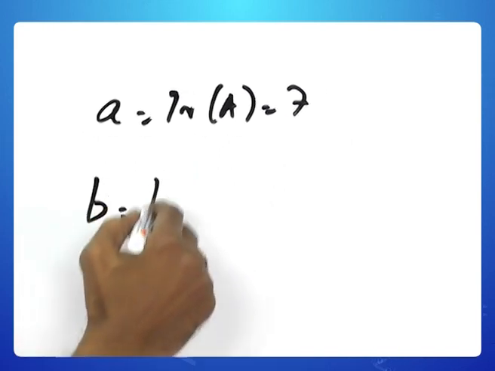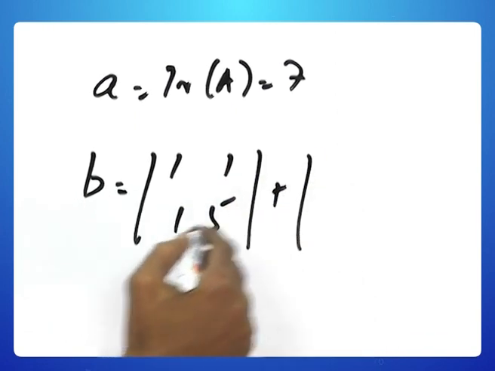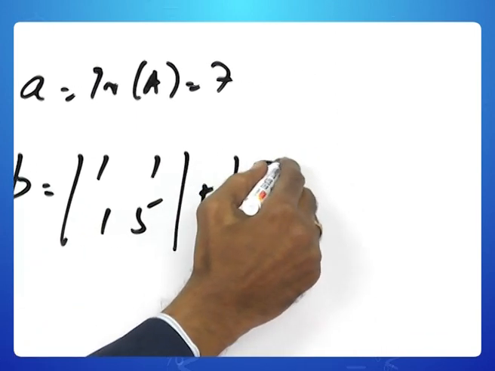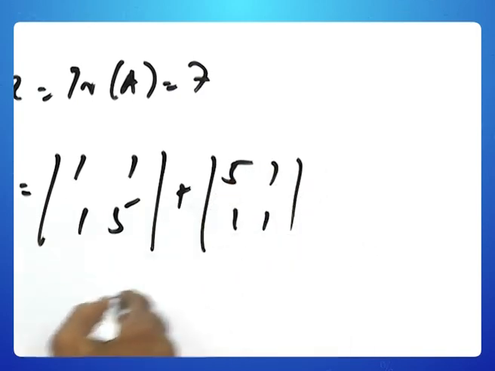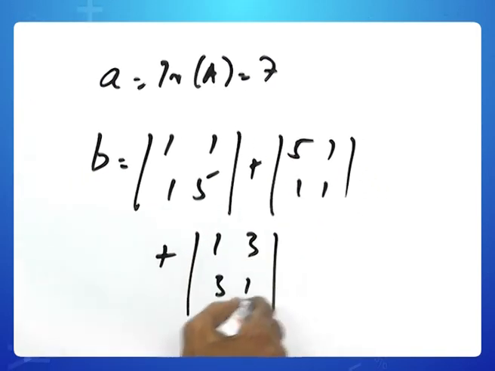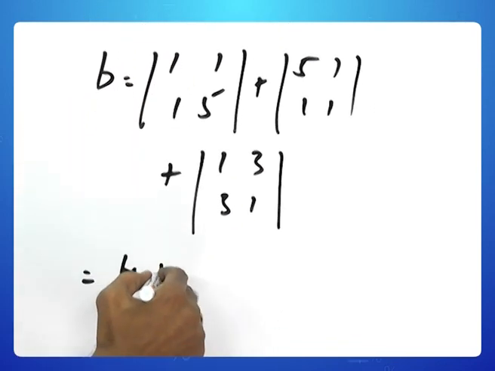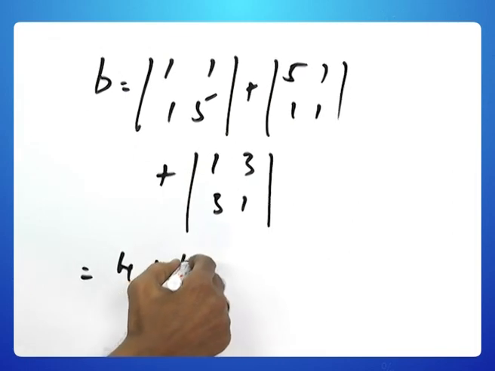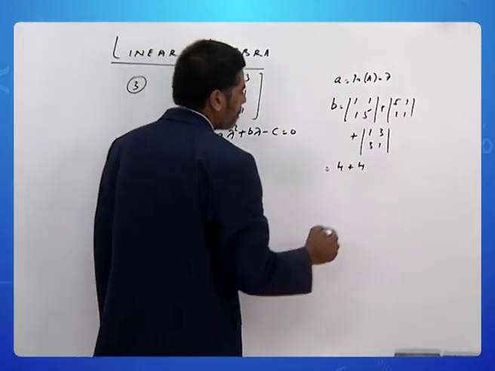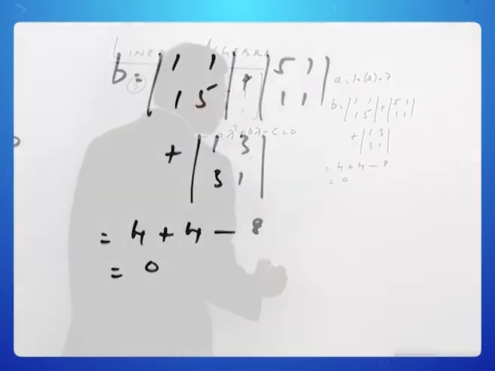B will be the sum of the determinants |1 1; 1 5| plus |5 1; 1 1| plus |1 3; 3 1|. So this would be 5 minus 1, 4, plus 5 minus 1, 4, minus 8, which is 0.